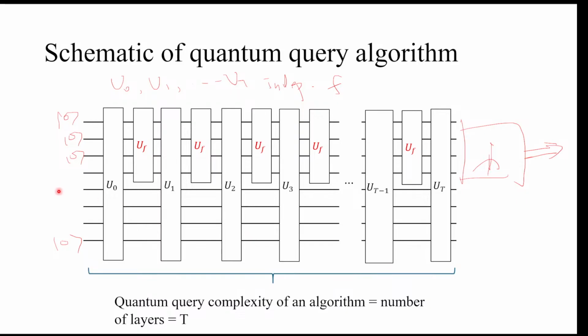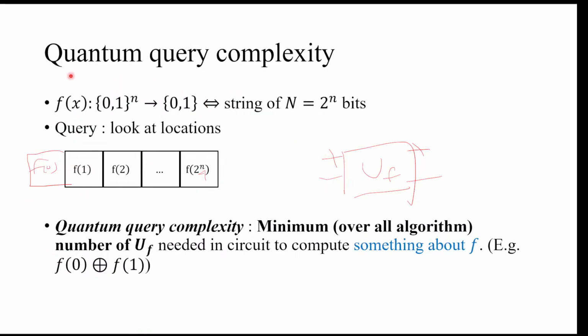But for those query algorithms, the inputs are not really the states you feed on the left-hand side. The inputs are actually those black boxes. As we say, when we talk about the black box model, there are two things that are called inputs, and it's a bit confusing. We sometimes think those black boxes are computing a function, and obviously that function has an input.